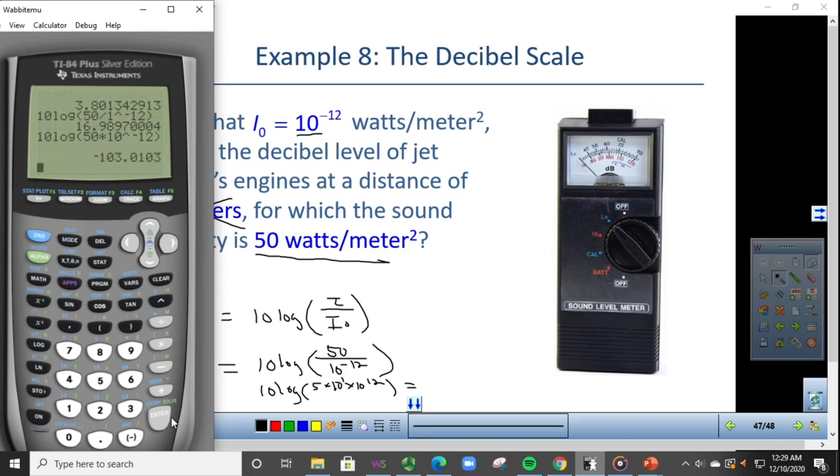Oh, I put times. Third time's a charm: 10 log of 50 divided by 10 raised to the negative 12. And there we go: 136.9897, right? Which on the decibel scale, that's loud.